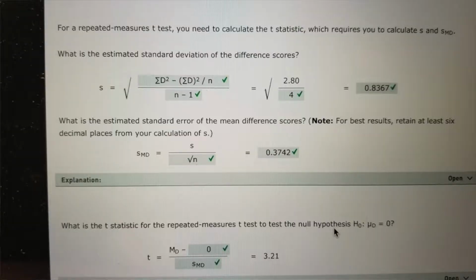Is that one of my options? Yes, it is. Okay. We had this, and I took a picture of it because that's how I do my homework. Okay, so it's the sum of the differences squared minus the sum of the differences squared divided by n over n minus 1. So the degrees of freedom are 6.8 over 4.